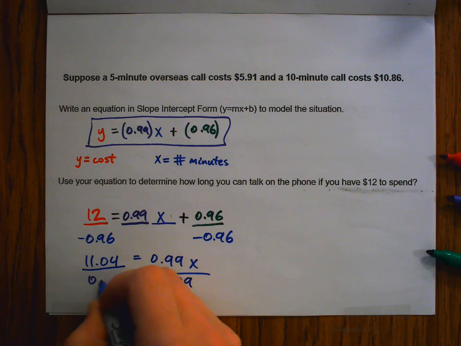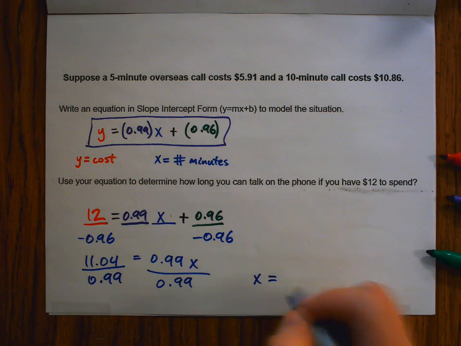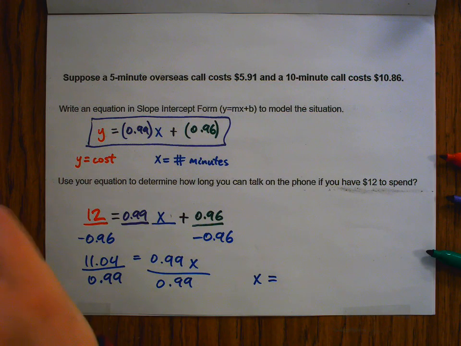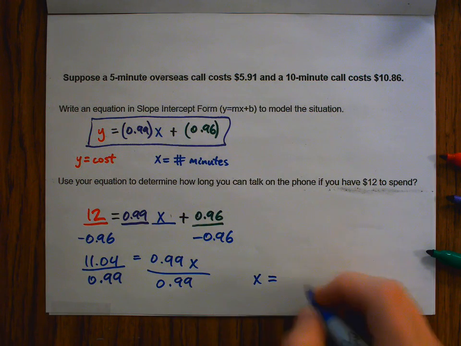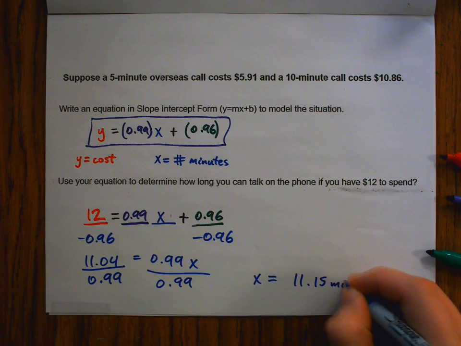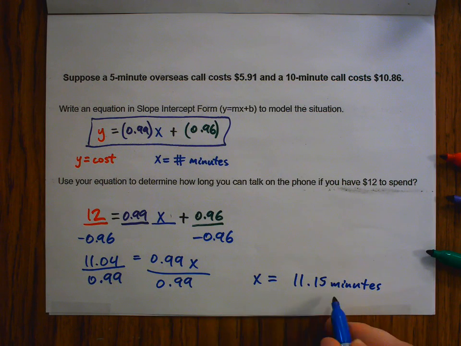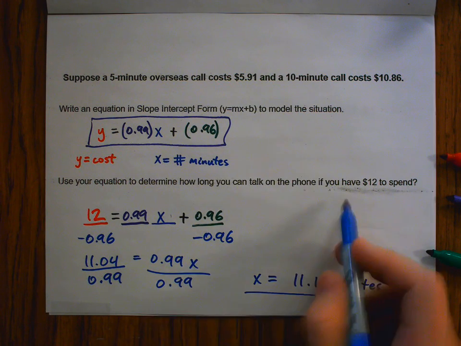Always remember to use your proper inverse operations. You will get x is equal to 11.15 minutes. Always make sure to put what this number represents. This is the answer for this particular part of the problem.